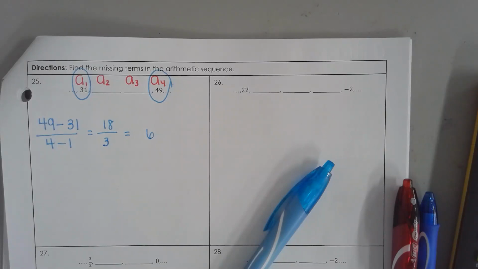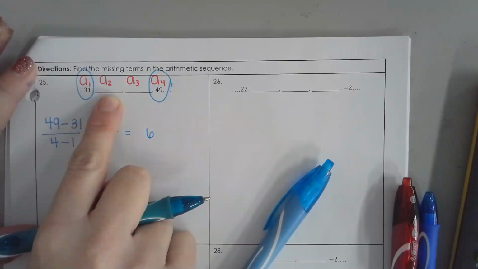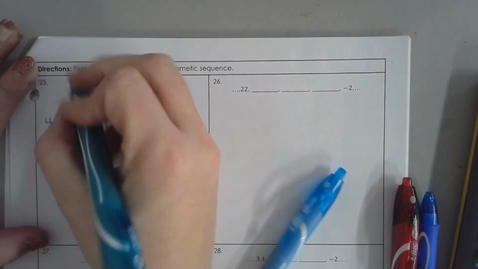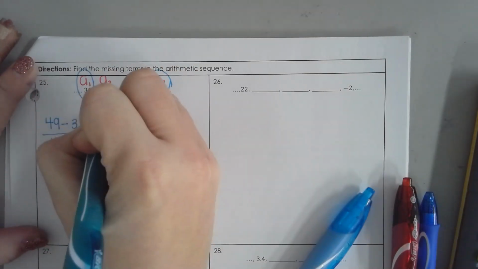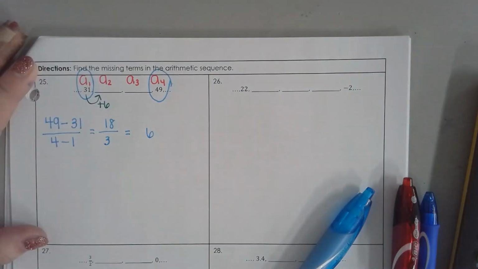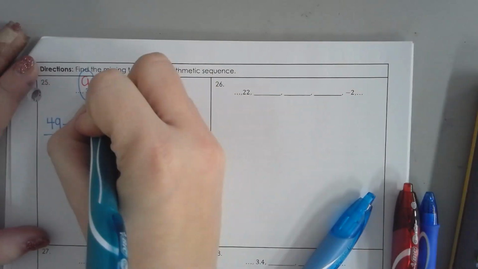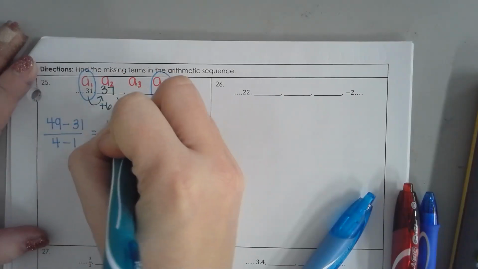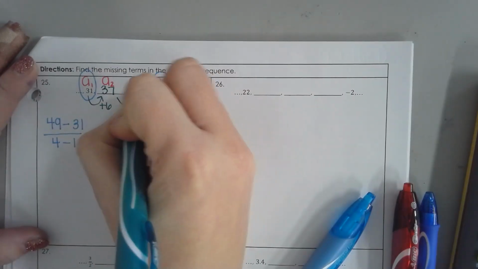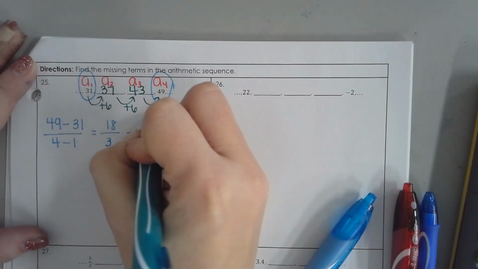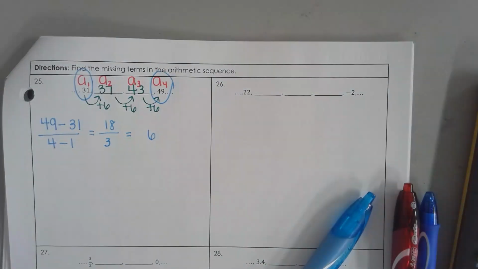So if I know my starting number is 31, how am I going to get to my blank? Add 6. What's 31 plus 6? 37. Plus 6? 43. Plus 6? 49.